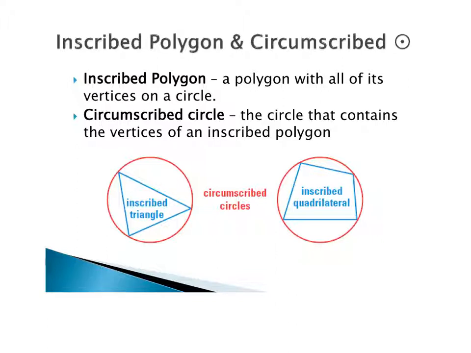When we talk about it reversed, in terms of the circle, we're saying a circumscribed circle is the circle that contains the vertices of the inscribed polygon. So it's like the circle is outside of the polygon. But if we're talking about the triangle being inside, the polygon is inscribed. Both pictures are saying the same thing, depending on whether you're referencing the polygon or the circle.